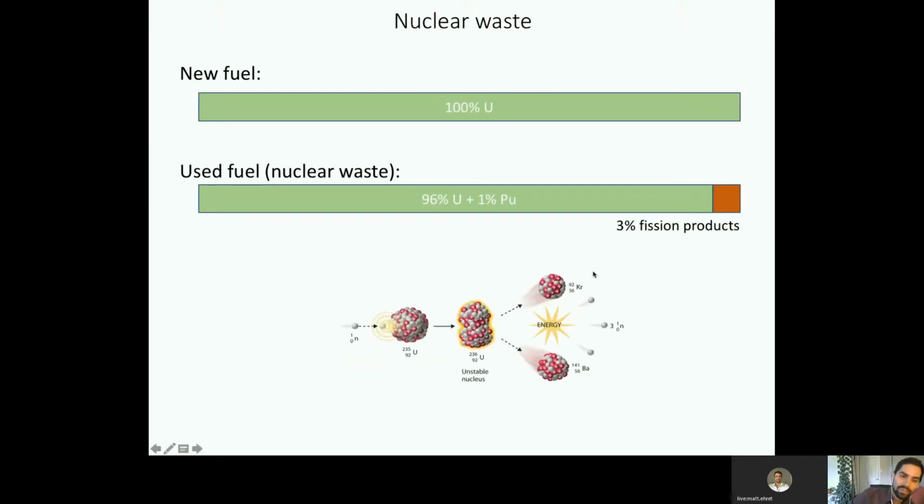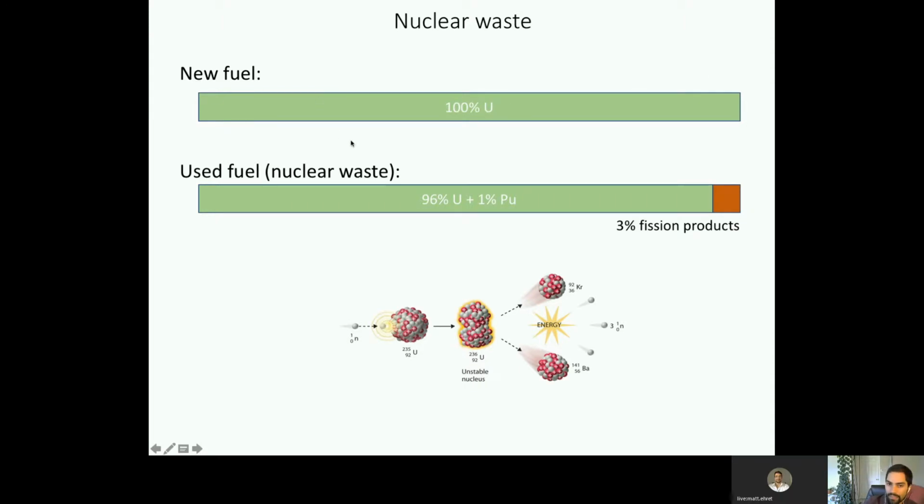Now, I want to talk a little bit about nuclear waste, because most people, when they hear about nuclear energy, the first thing they think of is nuclear waste. So when we have a normal reactor, like the one I showed you earlier, we put in new fuel. It's 100% uranium.